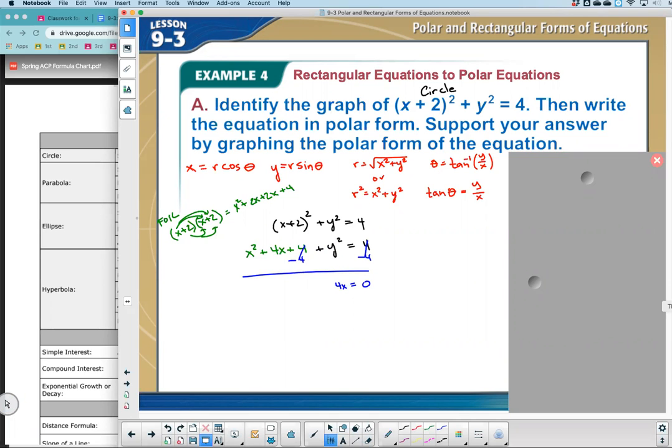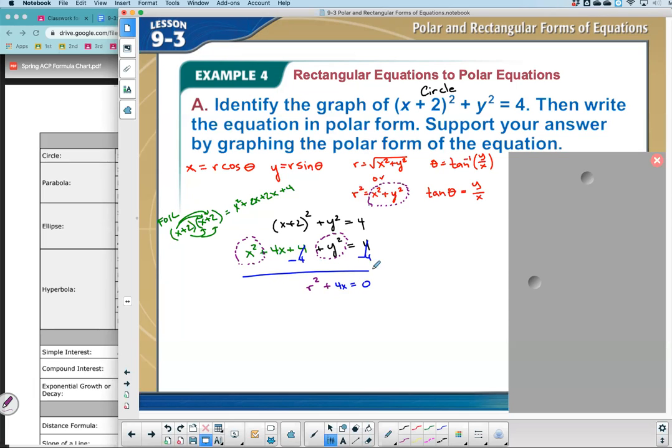Now, what is x squared plus y squared equal to? According to the third formula, x squared plus y squared can be substituted with r squared. So what I'm going to do is substitute that, r squared.